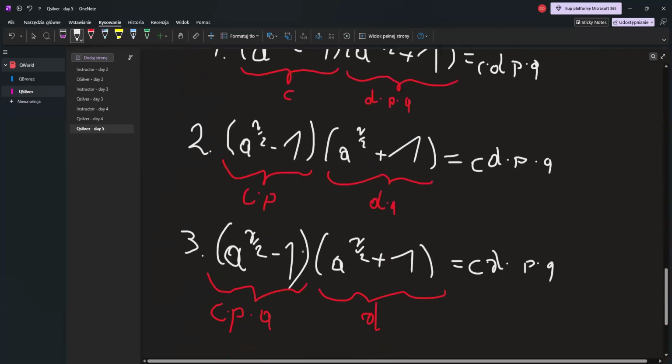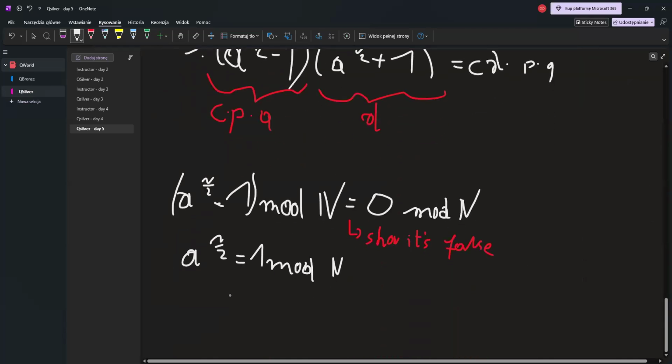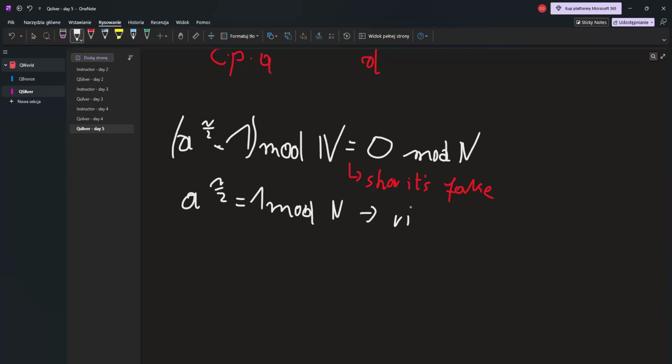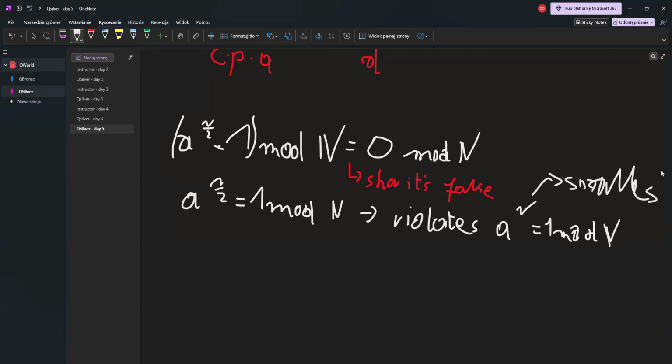So it violates the definition of order that we found. So if this equation holds true, then it violates the order of r, because r is the smallest possible.